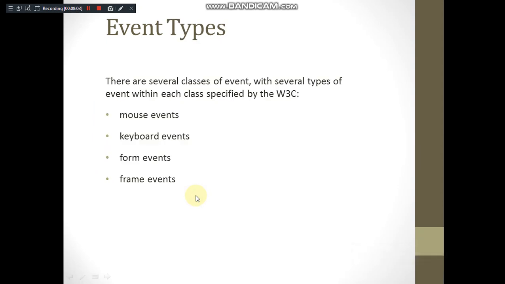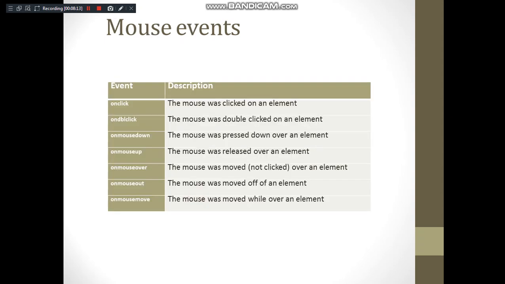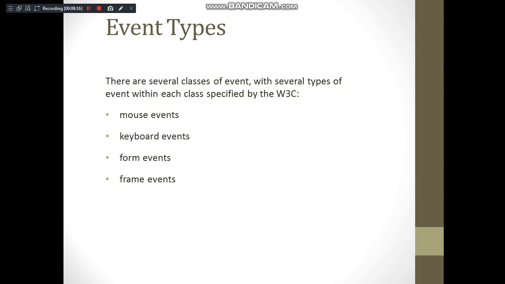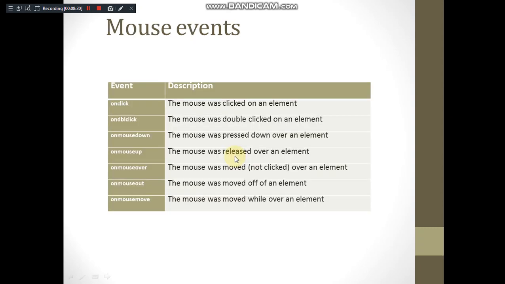So mainly now we will see different types of events, like mouse events, which are supported by W3C, keyboard events, form events, and frame events. This frame events is not encouraged because frames are not suggested for use by recent versions of HTML. So mainly we look practically into mouse, keyboard, and form events, which are very frequently used events with JavaScript.